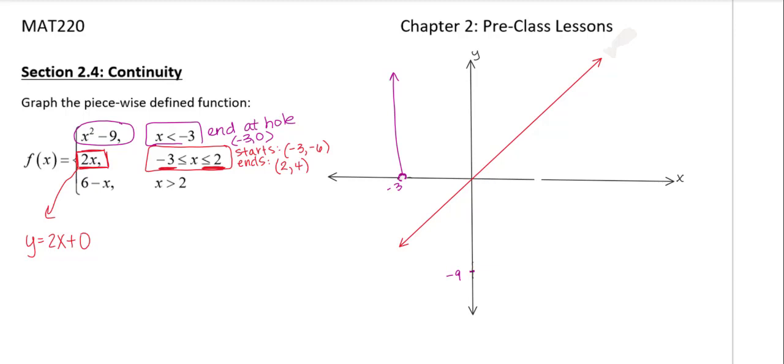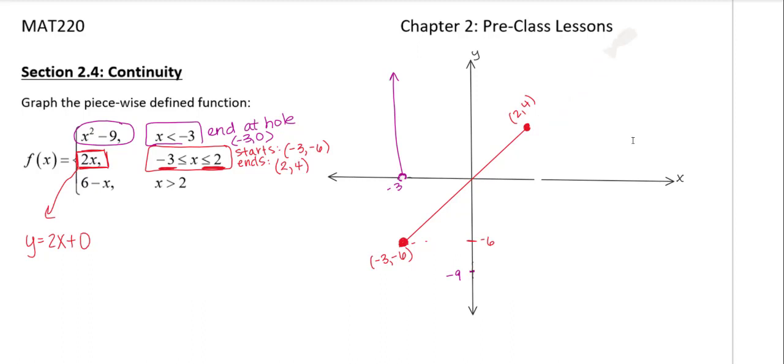Remember, we said it starts at -3, -6, and that's a point. So I'm just going to make this x equals -3 and y equals -6. So that's -6 right there. And then 2, 4 is also where it ends. So maybe that's right here. I'm going to label the point, and I'm going to erase all the rest.